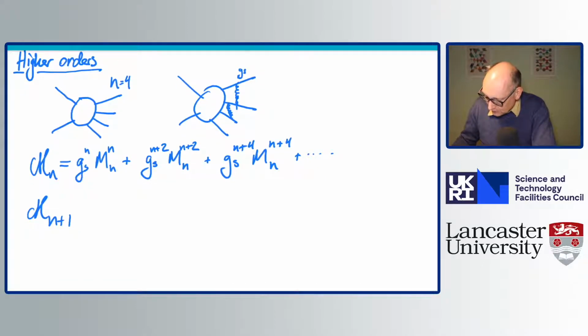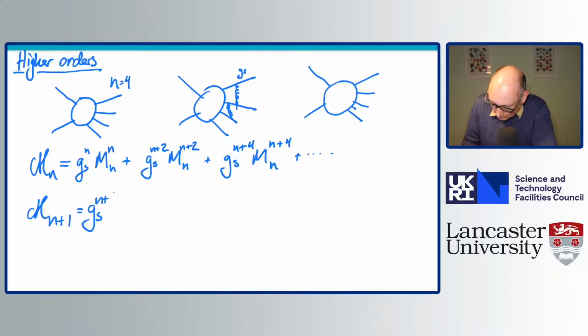So this here will start with g_s^(n+1) M_(n+1). So n doesn't change between the 2 examples here.